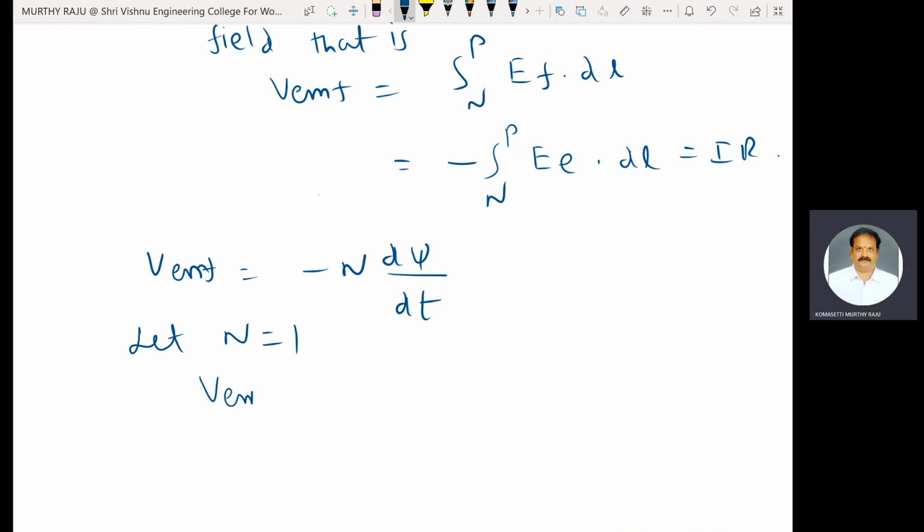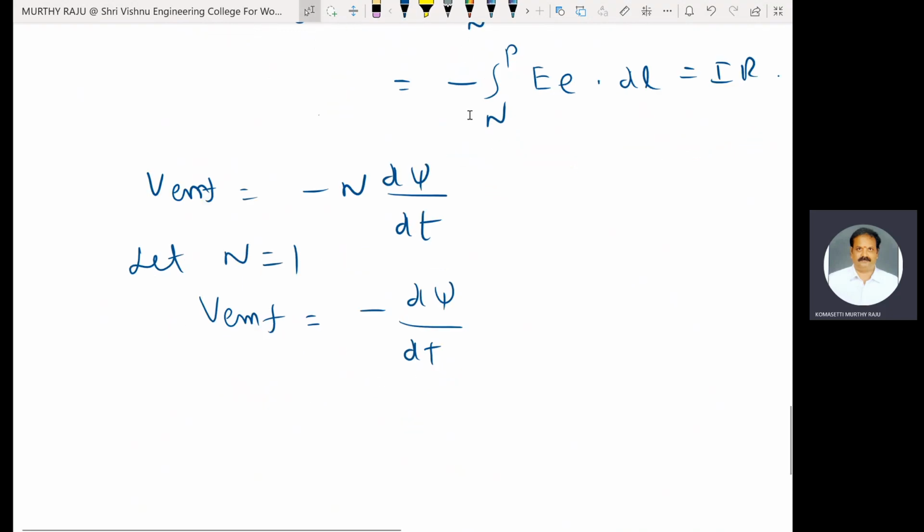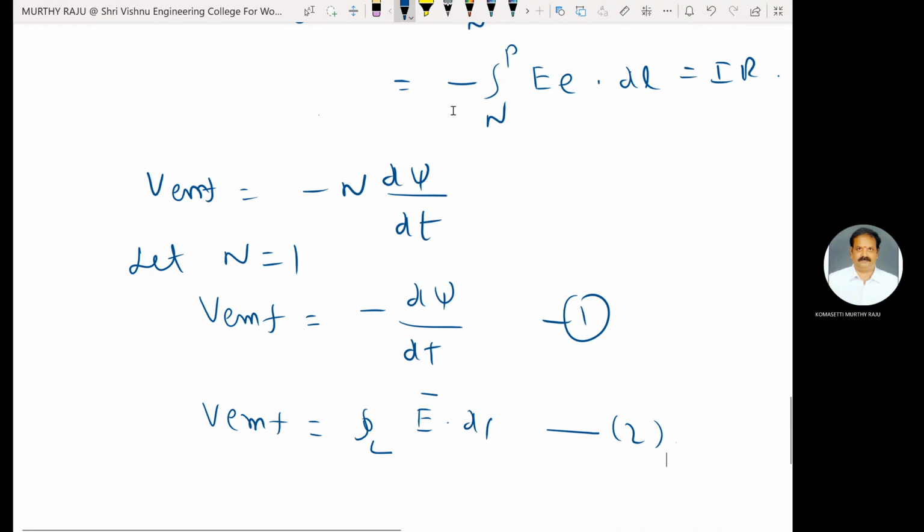Therefore, V EMF is equal to minus d psi by dt. This is equation 1. Another equation is V EMF equal to the integral over the line of electric field dot dl. This is equation number 2.